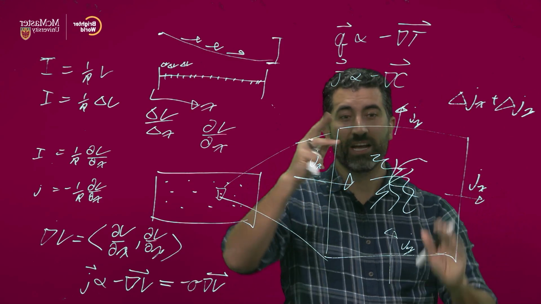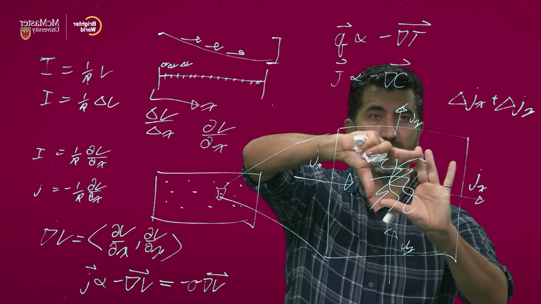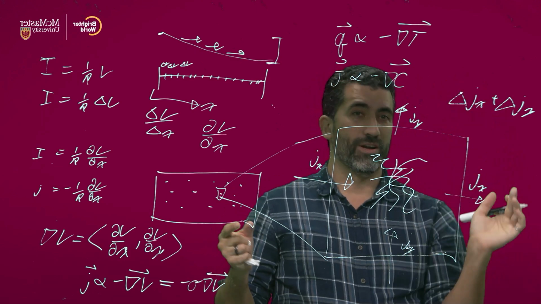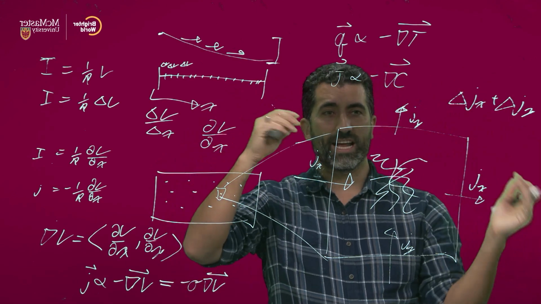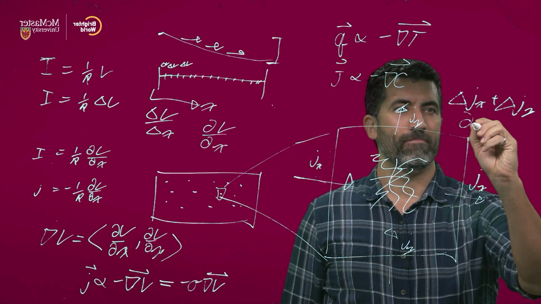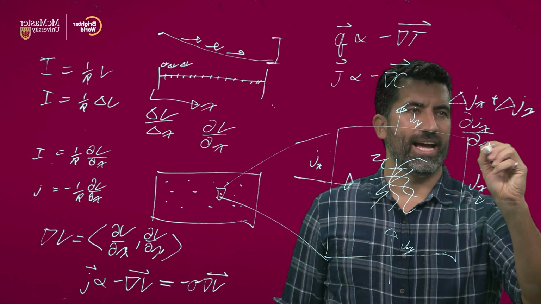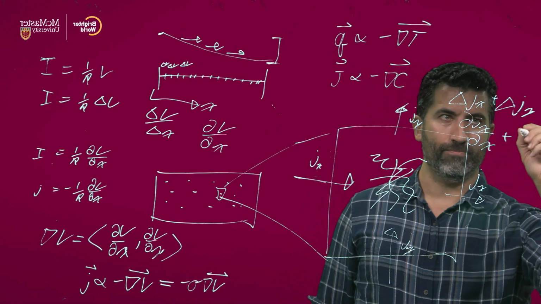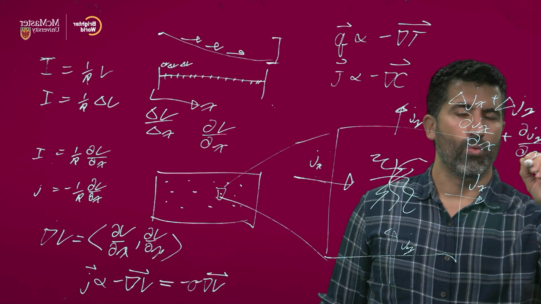Very straightforward. But now we're going to do our calculus trick again. We're going to shrink this down smaller and smaller and smaller. We take that difference, that delta, and shrink it to infinitesimal size, and lo and behold, we get our derivatives back again. So this becomes dJx by dx plus dJy by dy.